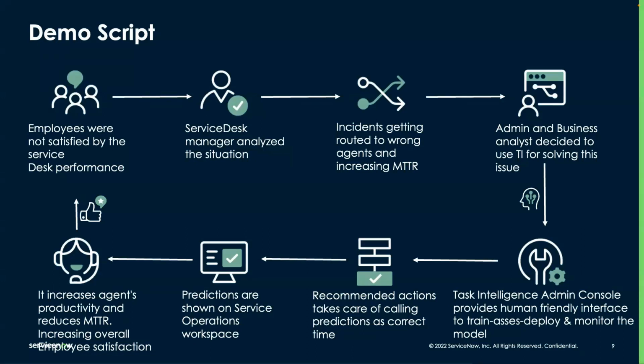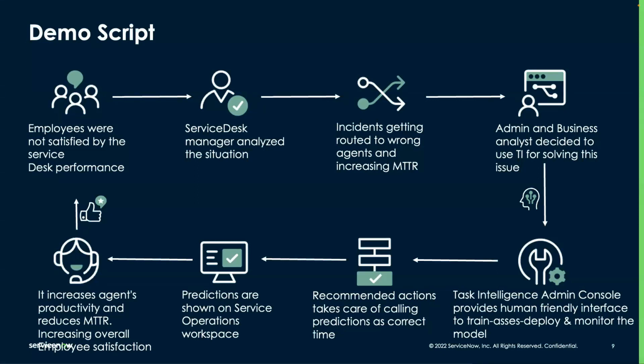So this admin and business analyst decide to use task intelligence to solve this issue. The task intelligence admin console provides a human-friendly interface to train, assess, deploy, and monitor the model. As I said earlier, this admin and business analyst, who do not have great knowledge of AI/ML, can also deploy the model which they require for their business in production.